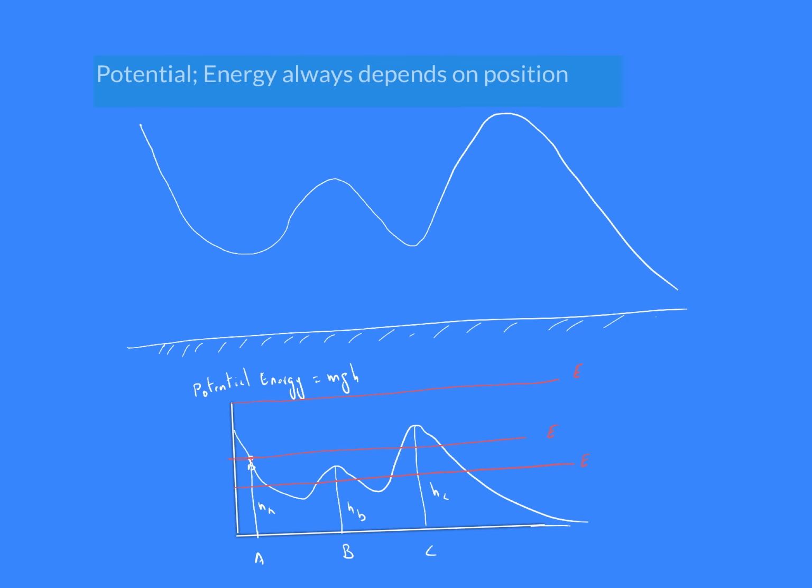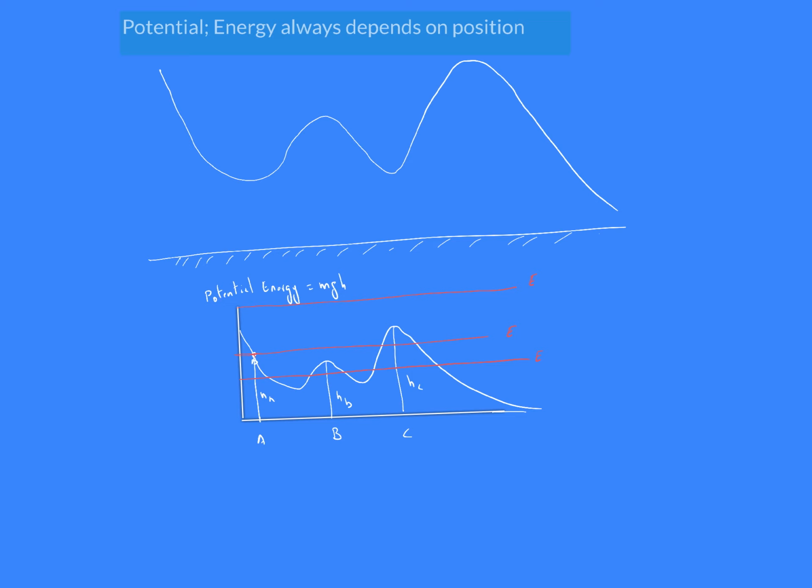So potential energy always depends on position. Imagine that you have a roller coaster going like this. You launch the roller coaster from here, maybe with a certain velocity v. So the roller coaster will go like this. The potential energy depends on the h. So at every point h, the curve of the potential energy will be mgh.